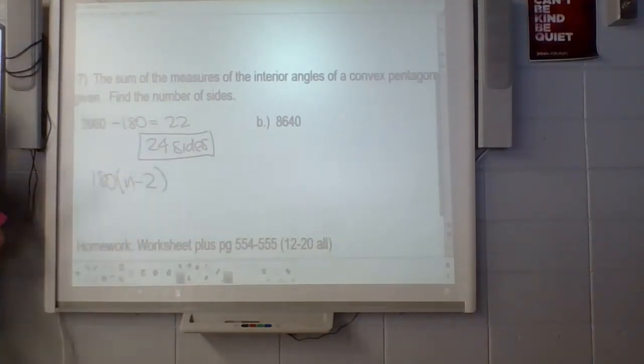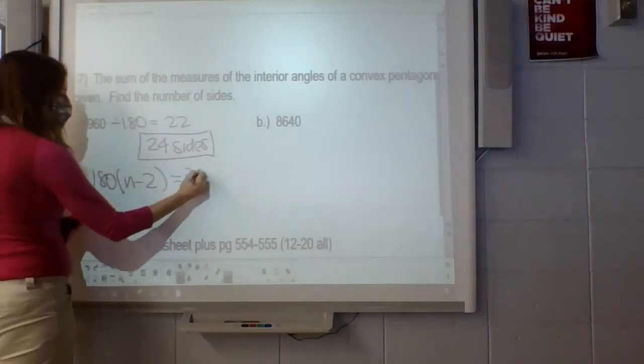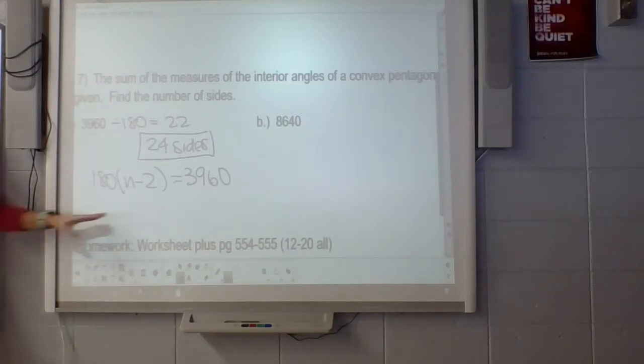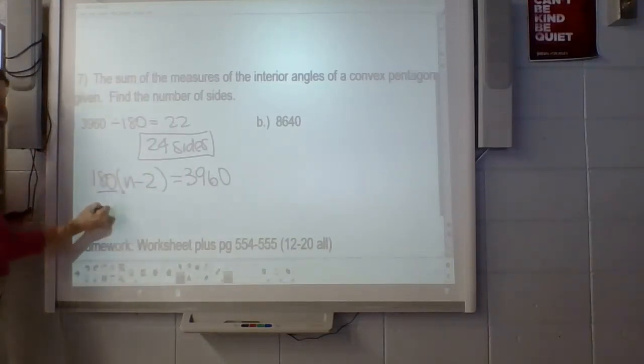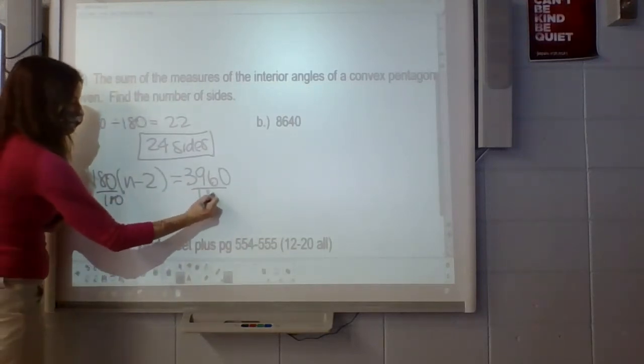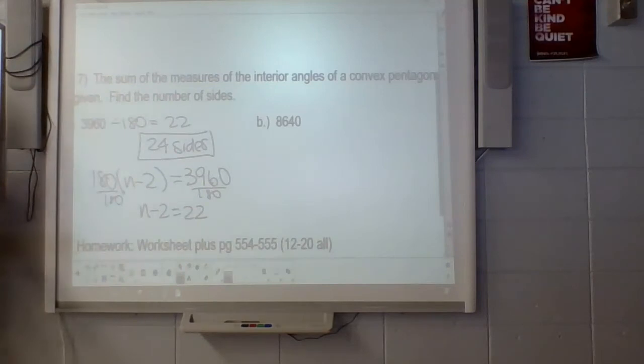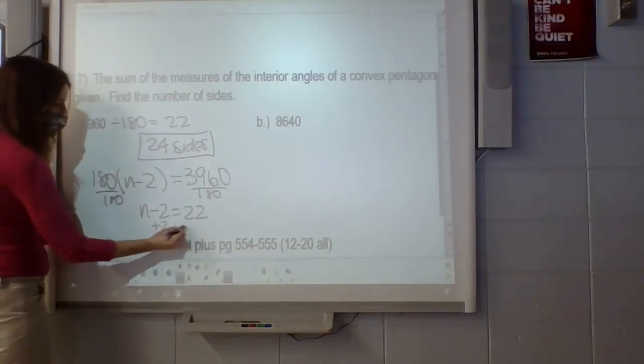As a student, I always liked writing a formula out. But I know the answer is 3,960. That's why Dawson divided by 180. Then he got n minus 2 equals 22, and he's adding 2 to that to get our 24.